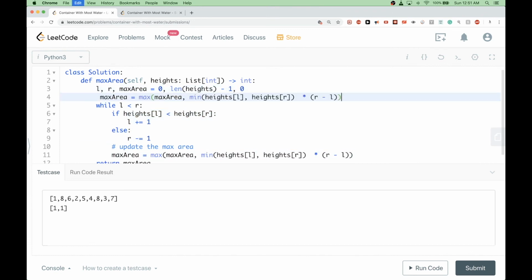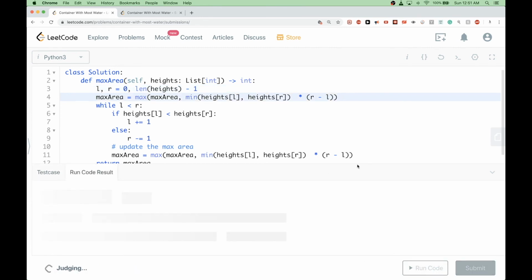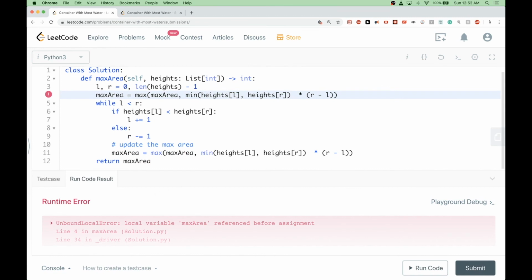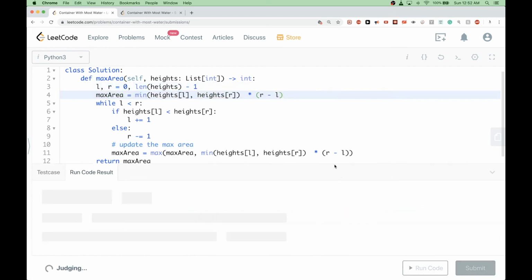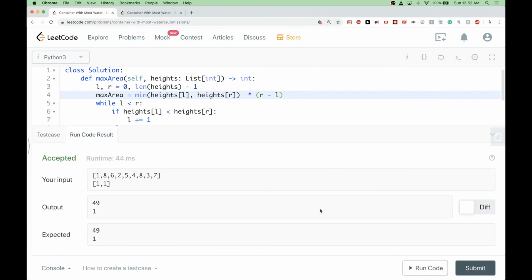So let's just initialize max area to the first left and right, which is the far left and the far right. So the case where the far left and the far right form the max area, that wasn't computed. So we need to do that. Before assignment, yep. So this is just initialize it to this. Okay, so looks good.